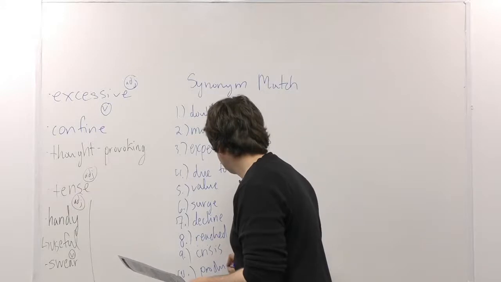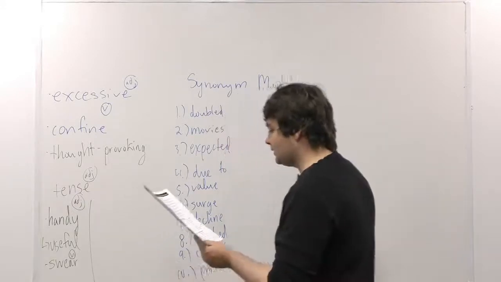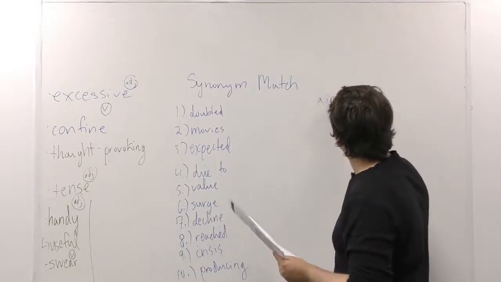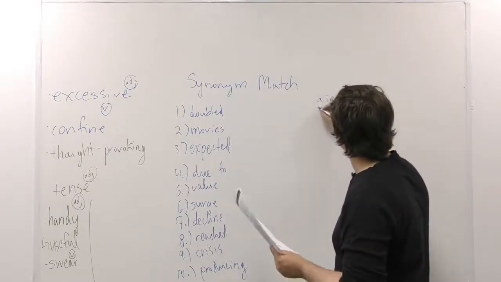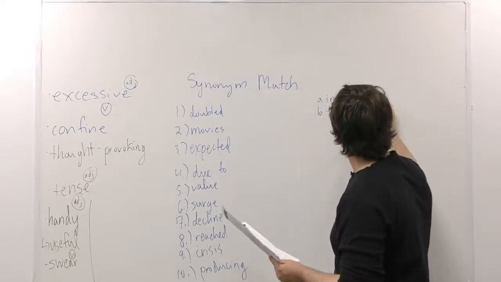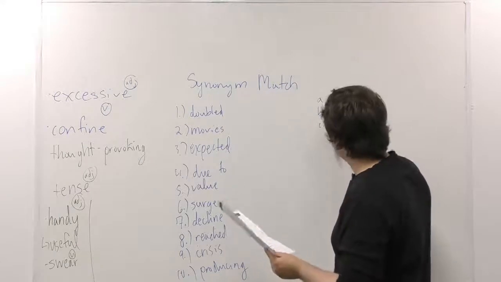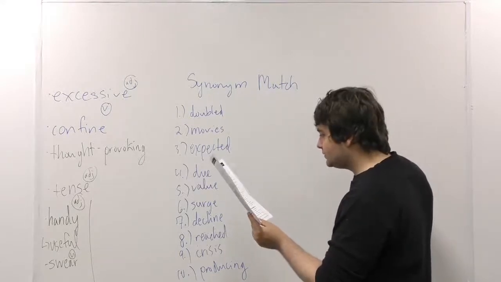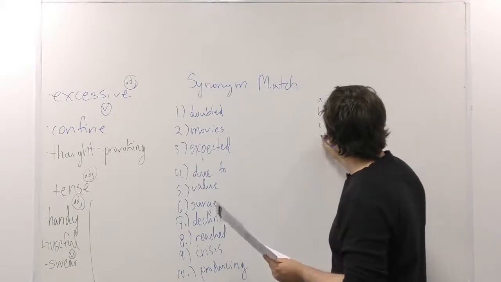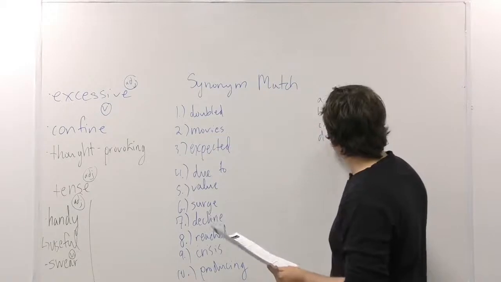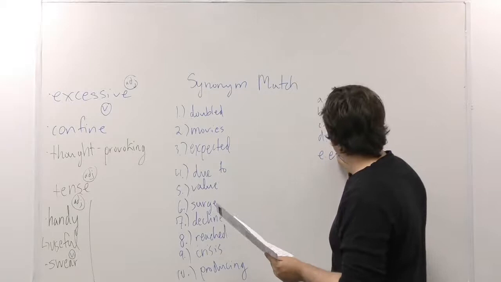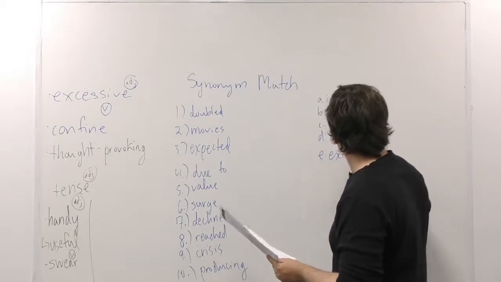Okay. Now on the other side here, A through J, for A, we've got increase. Okay, so that's pretty easy. B, we have because of. C, we've got making. And that's kind of messy, sorry about that. D, we've got believed. E, extended.